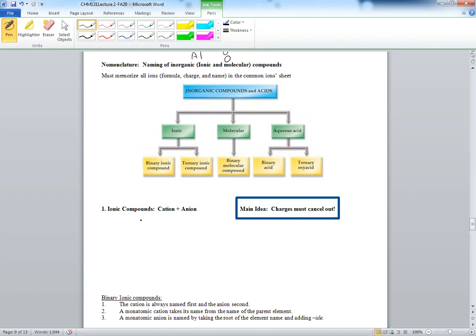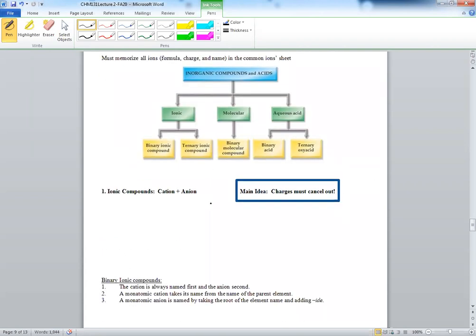The main idea of nomenclature, right here, is charges must cancel out. Charges must cancel out. So you have to do whatever it takes to cancel out the charges. By cations, of course, we mean positive. By anions, we mean negative, and that gives you a 0. So notice how the charges cancel out.